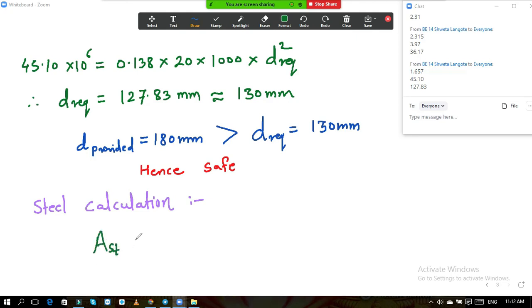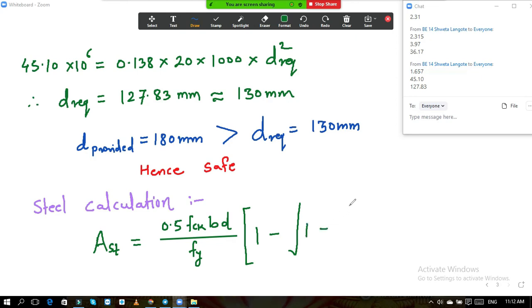So area of steel Ast is equal to 0.5 fck b d divided by fy, in bracket, 1 minus under root 1 minus 4.6 Mu divided by fck b d square.